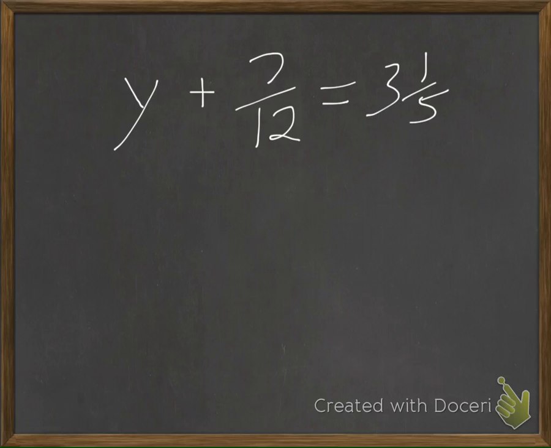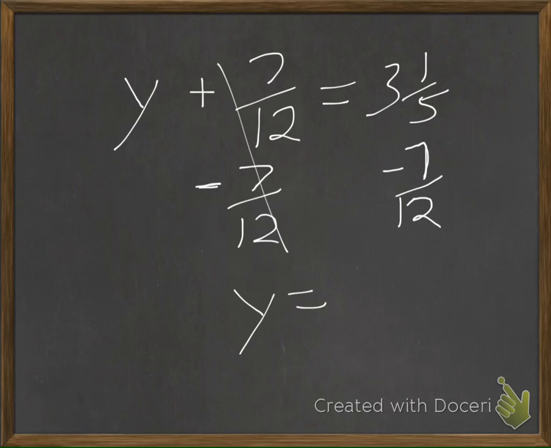What are you going to do? Subtract. Subtract what? 7/12, because that's the inverse. And the only reason to do the multiplicative inverse is if you're not using a calculator. This is an addition problem, so to solve I subtract, and I need to subtract the exact same thing. I don't get how to do it on a calculator.